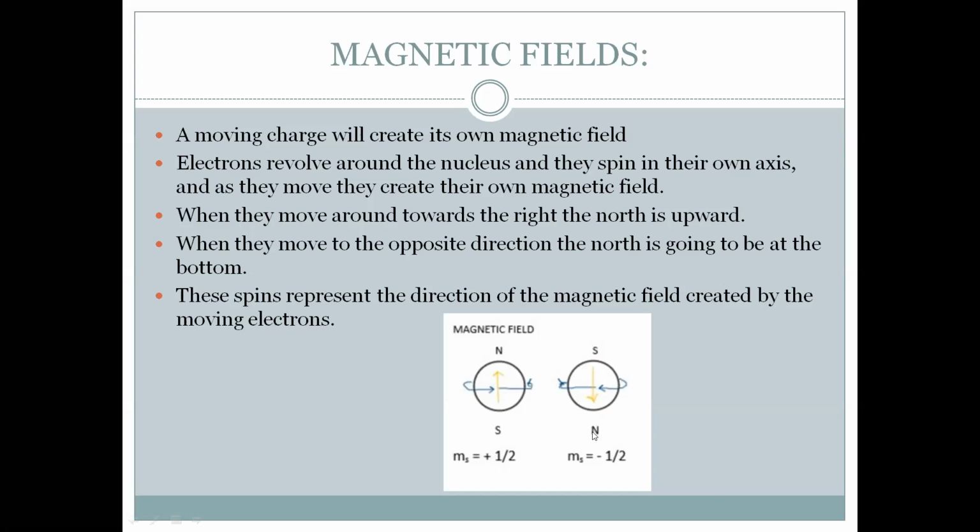Pag opposite naman, yung north niya is nasa baba. And the electron spin here, when it comes to revolving to the right, is positive 1/2. And the other way around, it is going to be negative 1/2. So this is more on the physics side. So this is a brief introduction to the magnetic fields in the atom.